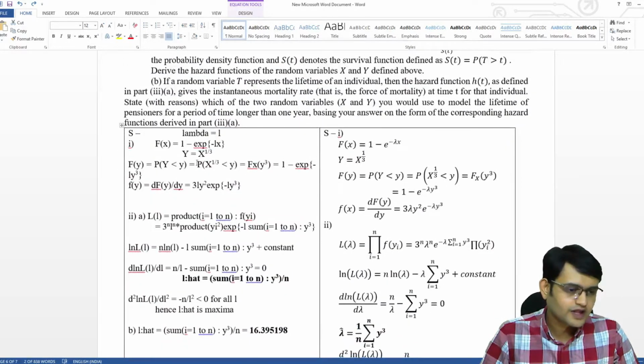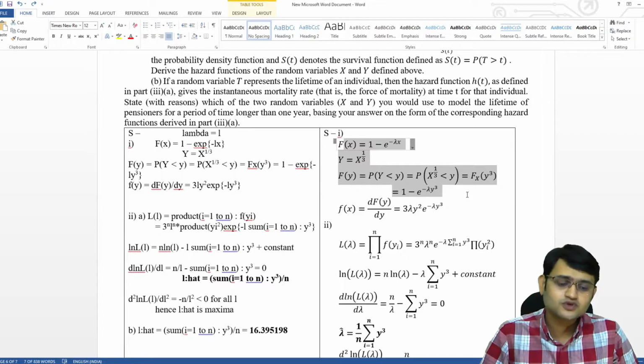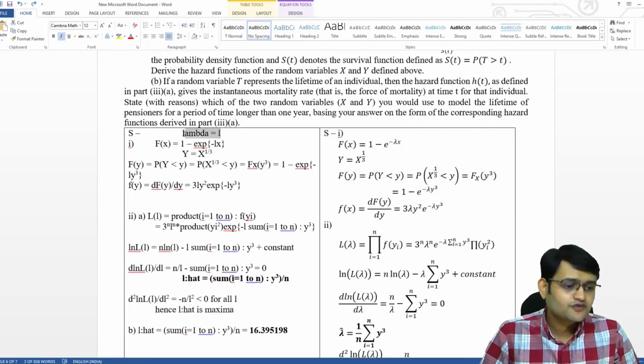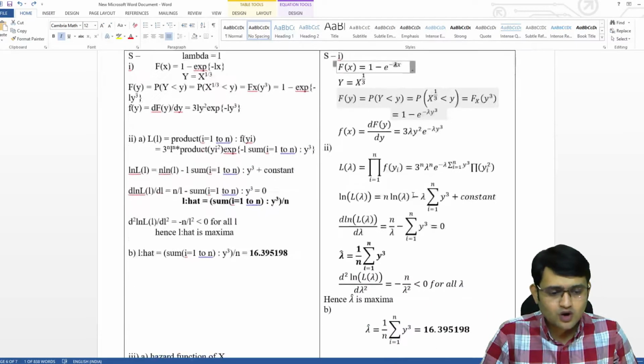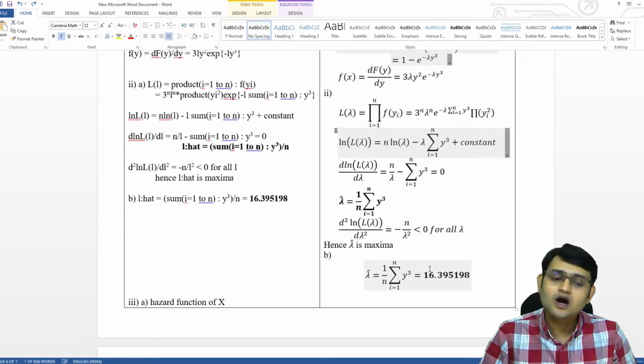Okay, so for that part, again you can see in parallel I have solved them without using equation editor and with using equation editor. So first of all, I have specified lambda is equals to L, and while writing here also what I did was I wrote our lambda first, copied, Control C, and then whenever I needed lambda I've always pasted, because throughout the question we'll be using lambda a lot.